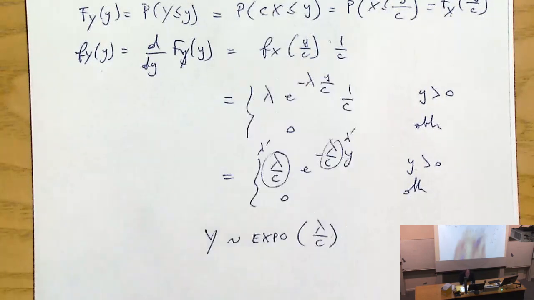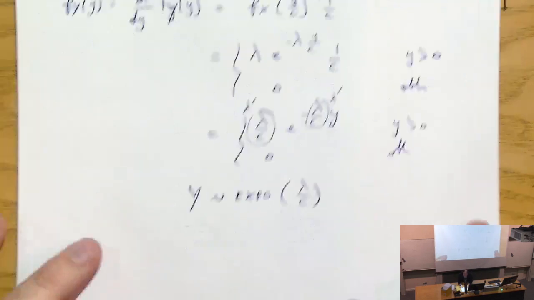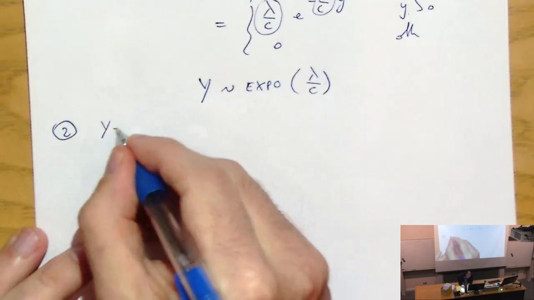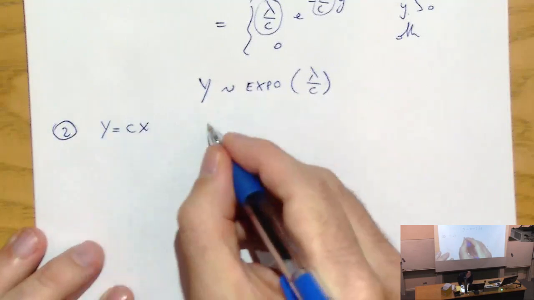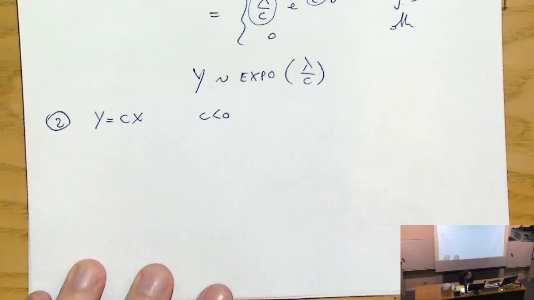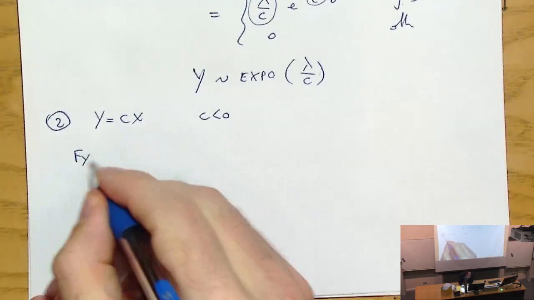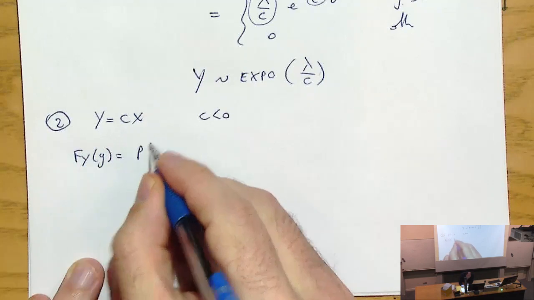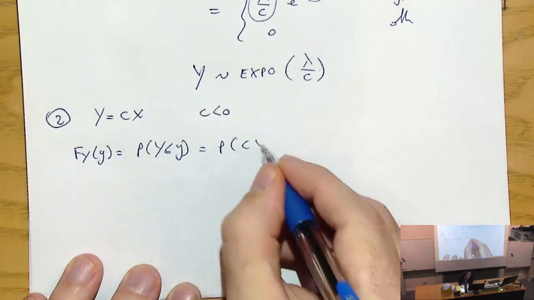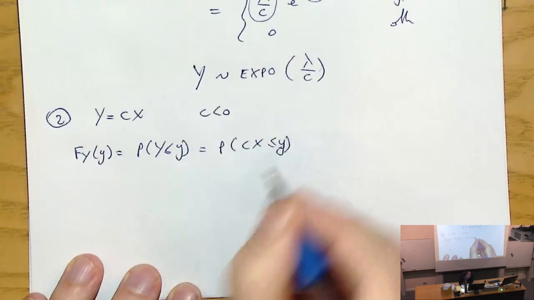So let's look at the other case. What if c is not positive, but rather is negative? So I have the second case, y is cx, and c is negative. But I can still do the same thing. It's the probability of y being smaller than y. This is the probability of cx being smaller than y.